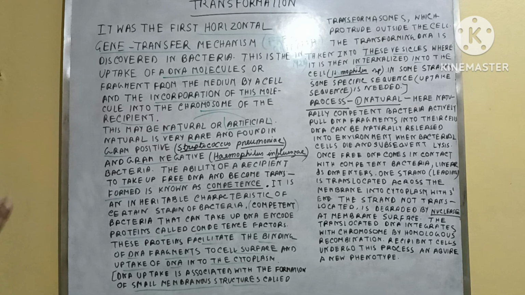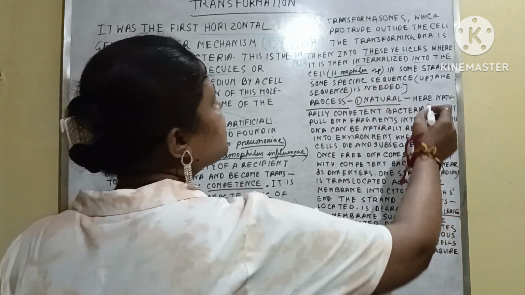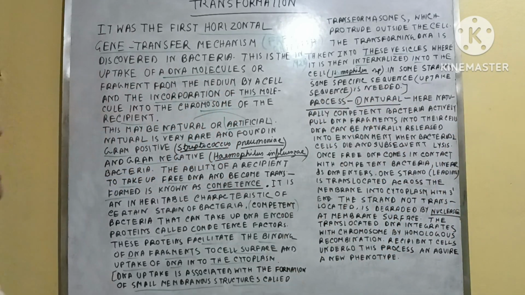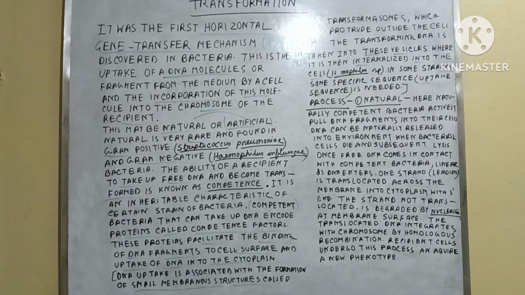Sometimes another type of bacterial strain of this species has very specific sequences, called uptake sequences, and these are very important for internalizing the DNA fragment.